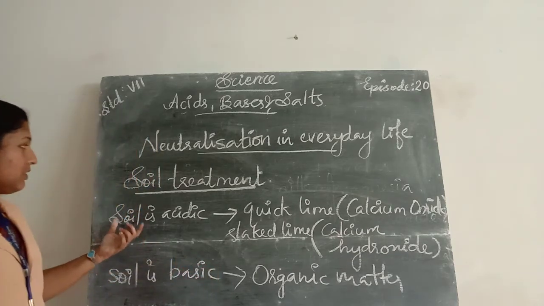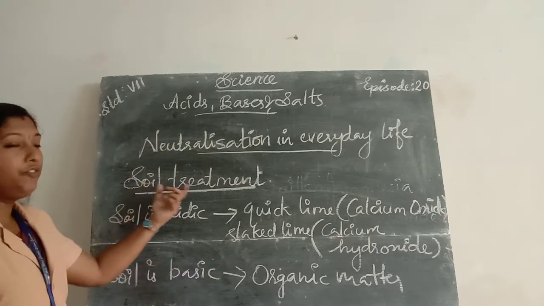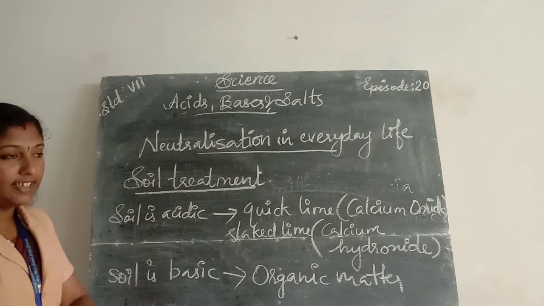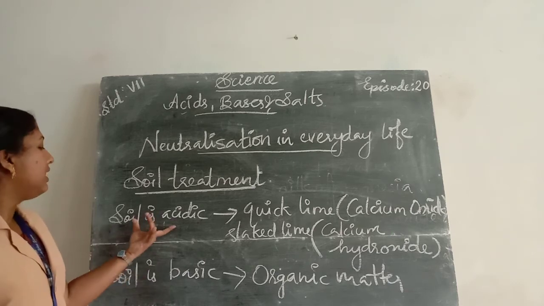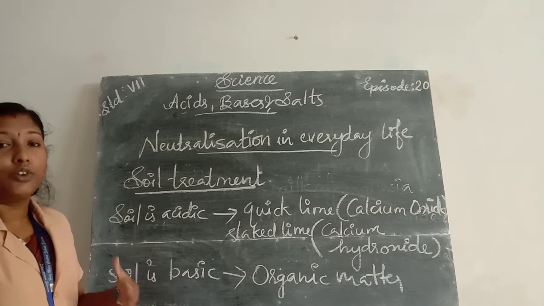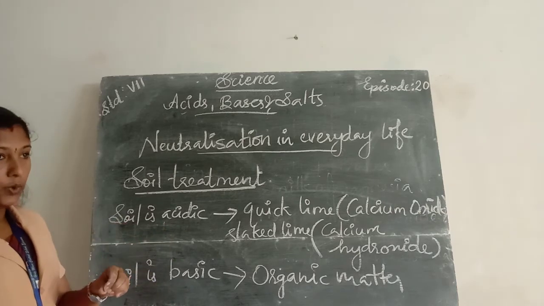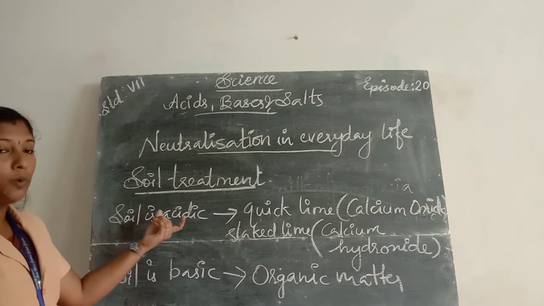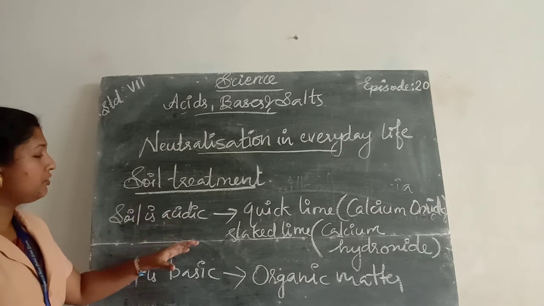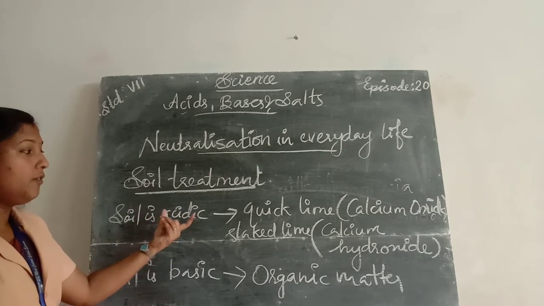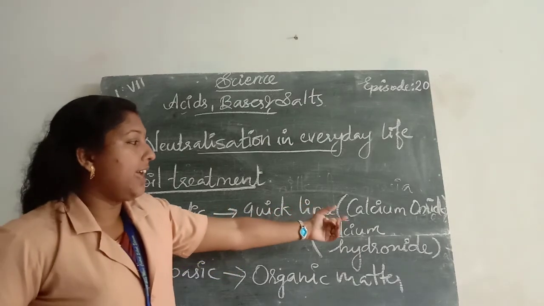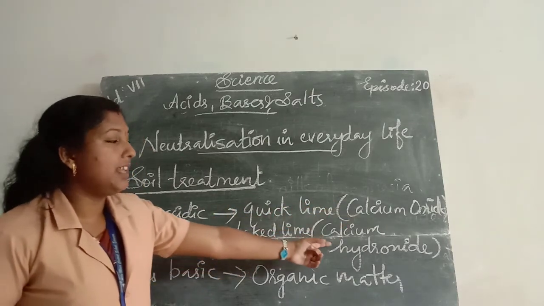Okay, once again, listen about soil treatment. If we use more chemical fertilizers, the soil becomes too acidic or basic. The plants never grow in that soil. If the soil is too acidic, we add quick lime or slaked lime. Quick lime is calcium oxide and slaked lime is calcium hydroxide.